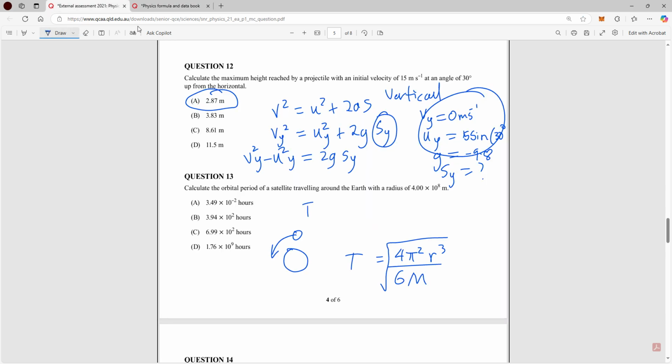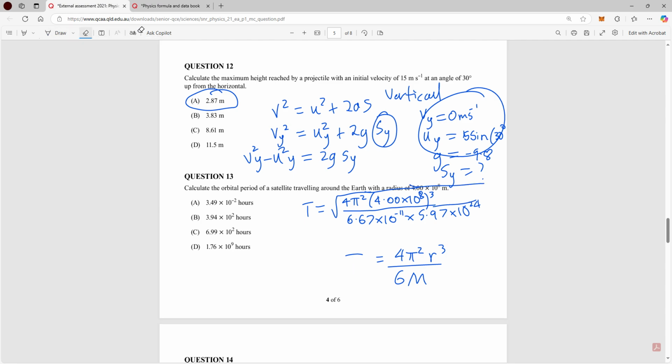Period will be square root, so 4 pi squared, and then that radius that we've been given, all cubed, that's really important, divided by 6.67 times 10 to the negative 11, times 5.97 times 10 to the 24. Remember, this is all under that square root. Alright, so I'll just check this in my calculator.